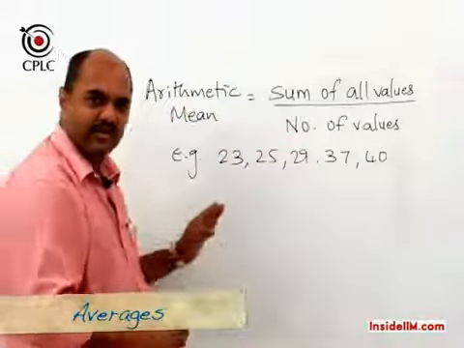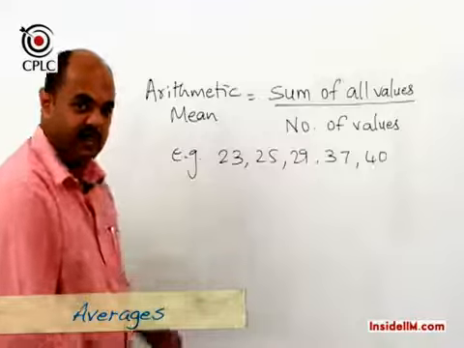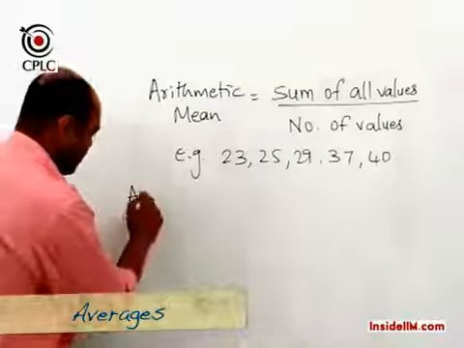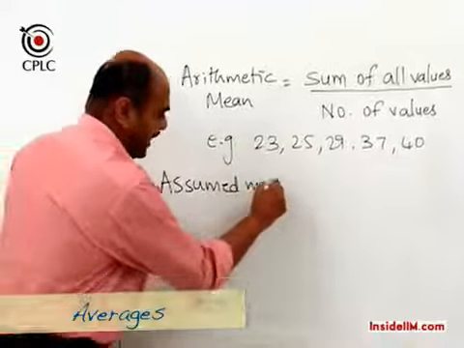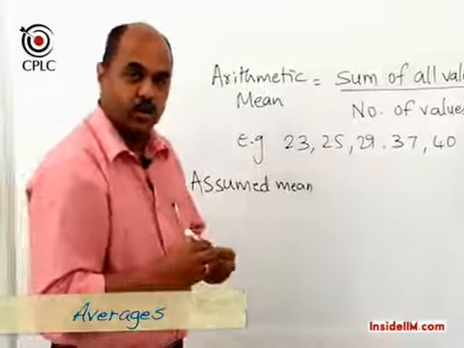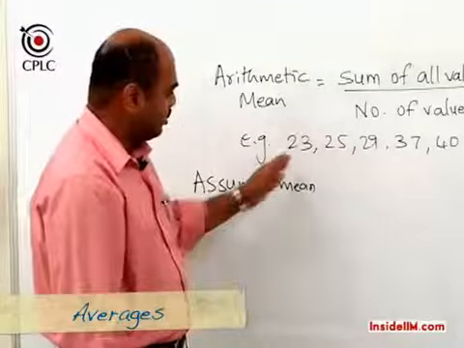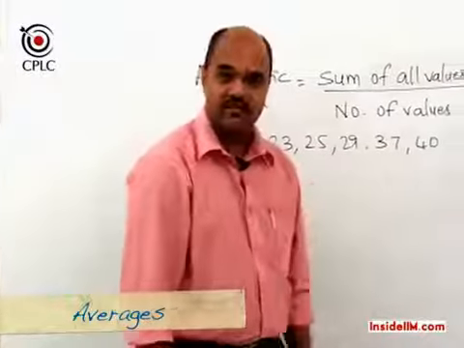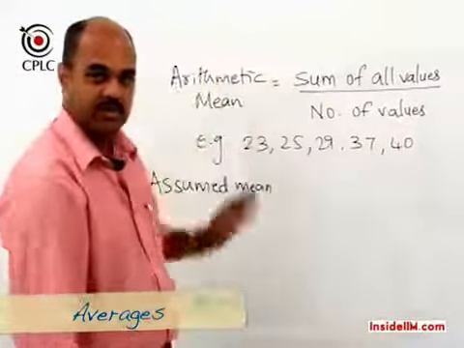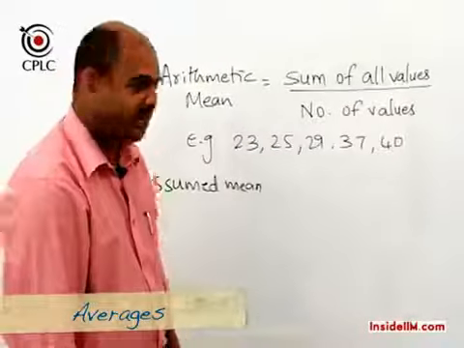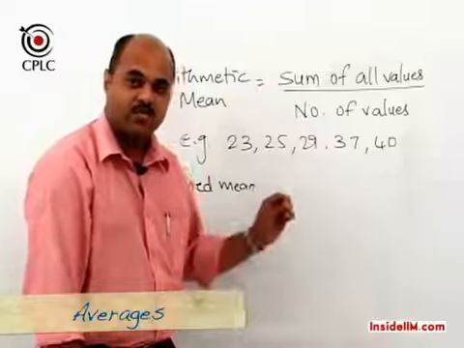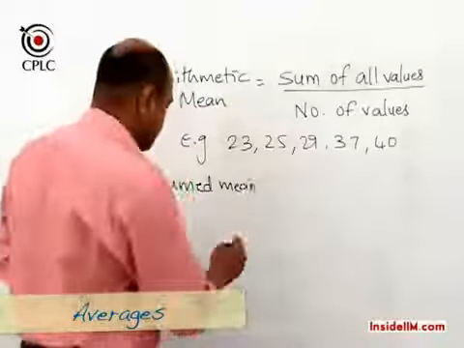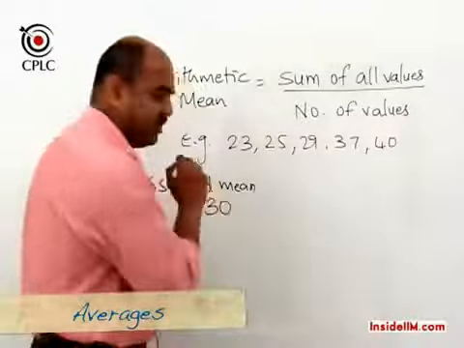There's another way of calculating the value of arithmetic mean, and that is known as the method of assumed mean. Now what this method actually does is we consider any value between 23 and 40 as the value of the arithmetic mean. We are assuming a value as the mean. So let's take an example where we say the assumed mean is 30.